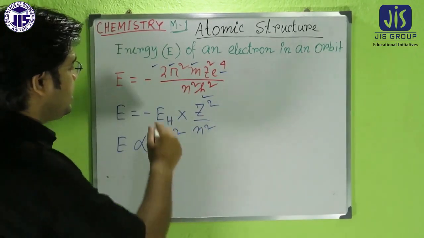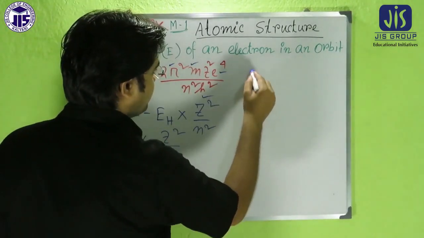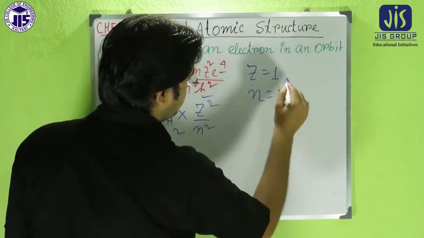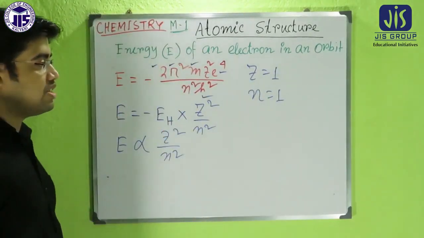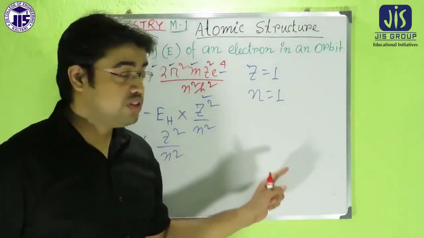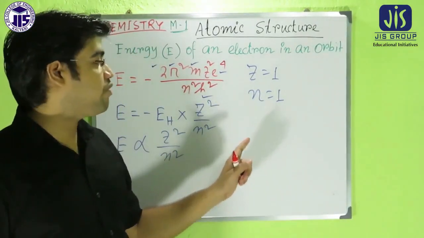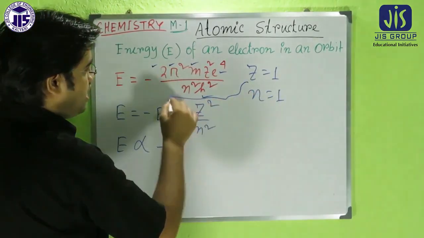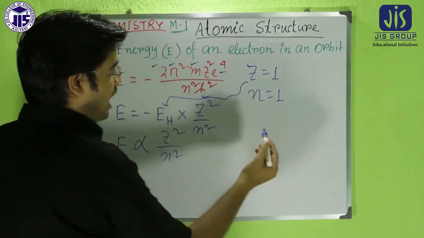That means in case of hydrogen, when we take z equal to 1, and if we consider principal quantum number 1, that is the first orbit of the Bohr model, then n equals 1. So then it will be equal to EH. And what is the value of EH?